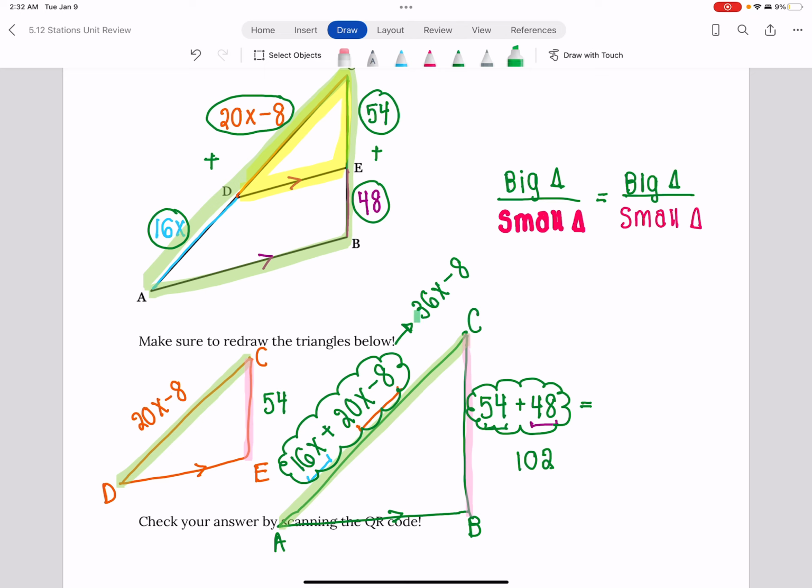So here we have our big triangle, measurement of 36x minus 8.